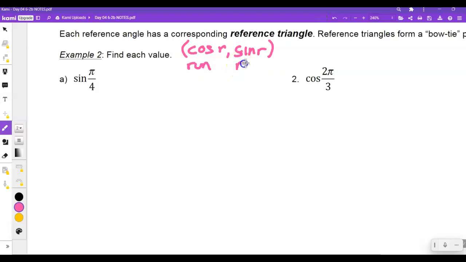Anytime you see sine, you're thinking of the rise. And we actually also looked at tangent, which was basically rise over run. So finding the slope, which is rise over run, which was sine over cosine, which is the same as slope.